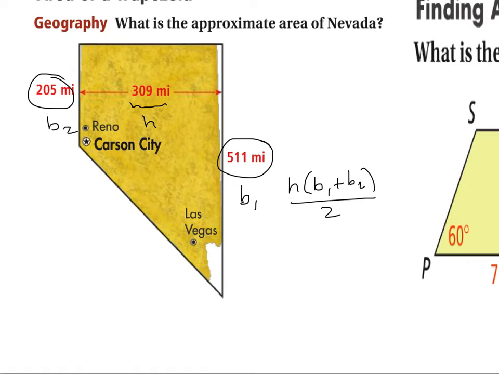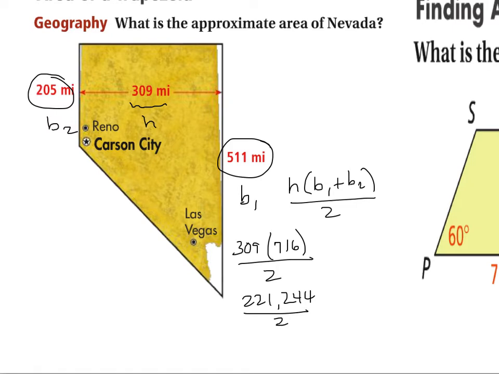When we plug this into the formula, height times base 1 plus base 2 divided by 2, the height is 309. When I add the two bases, 205 and 511, I end up with 716, and then we divide that by 2. If I take 716 times 309, I end up with 221,244, and we divide that by 2.